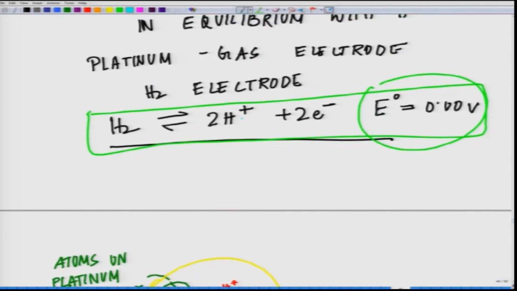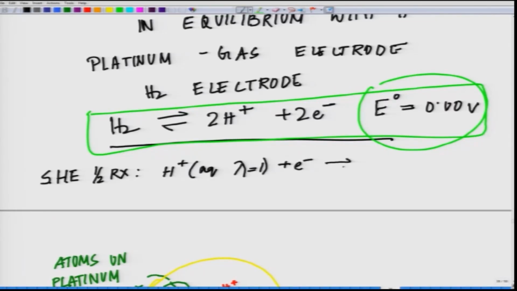Different books put it in different ways: the standard hydrogen electrode half reaction is H plus in aqueous solution with an activity of 1, plus an electron, reversibly giving half H2, hydrogen gas in the gaseous phase with an activity of 1, which is essentially the same reaction.